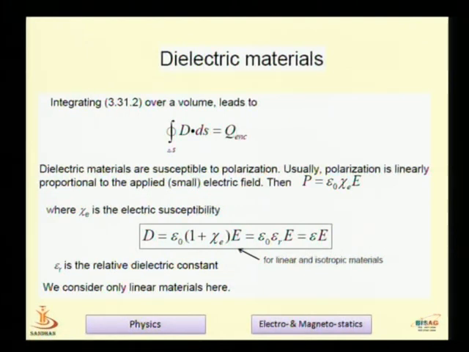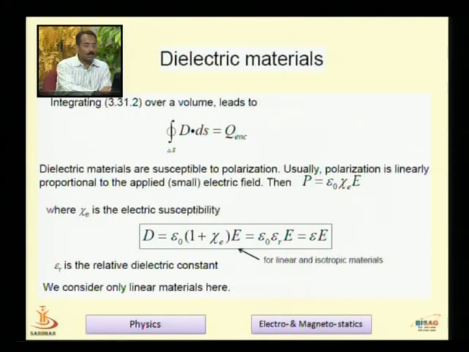So here this psi E is nothing but the electrical susceptibility, and epsilon 0 is the permittivity of the air, and epsilon R is the relative permittivity of the medium.